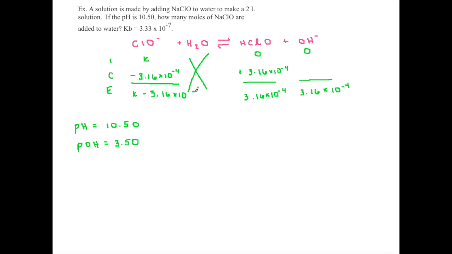And the other thing that I know is my Kb. So I'm going to write my equilibrium expression here. My Kb equals the concentration of HClO times the concentration of OH minus, all over the concentration of my weak base, which is ClO minus.